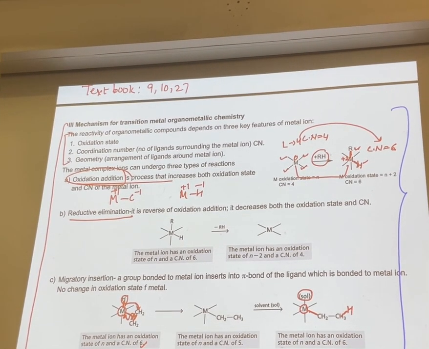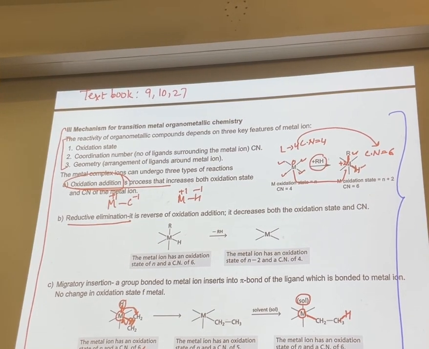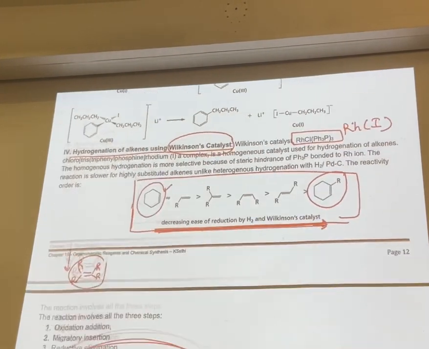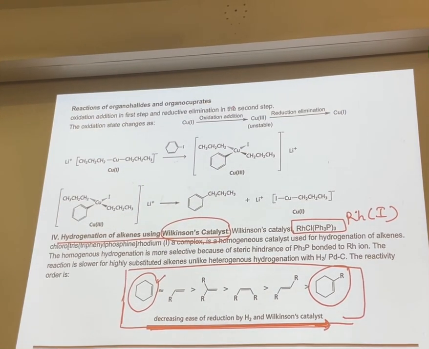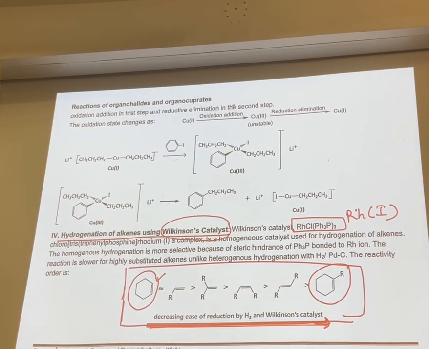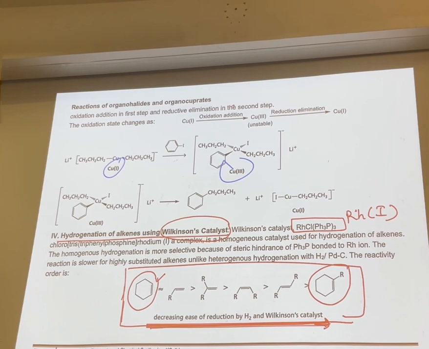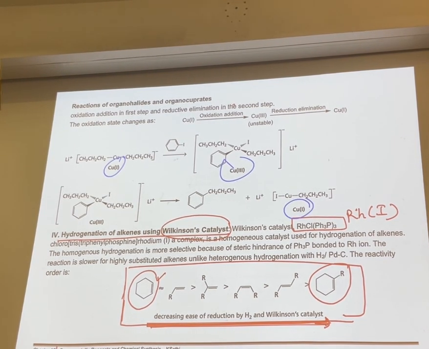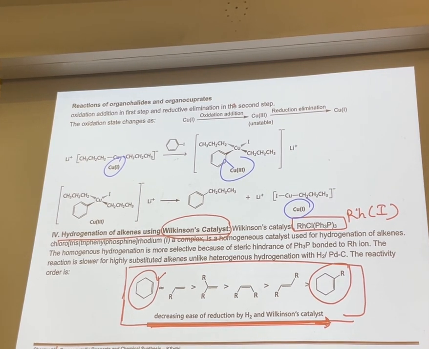No mechanisms. All those slides are telling us is just giving examples. Look what is happening. This is oxidative addition. Look what is happening. Reductive elimination. You see what I'm doing?